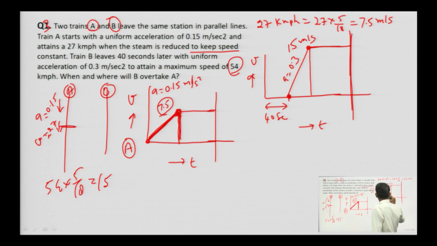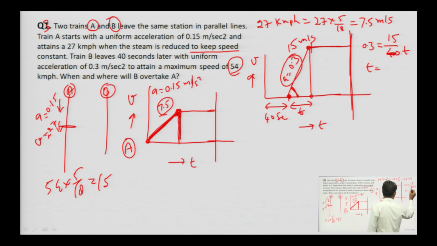This acceleration is known to you. a is the slope. So, 0.3 is equal to the change, 15 divided by time. Suppose this time is t. So, t is 15 divided by 0.3, which is 50.